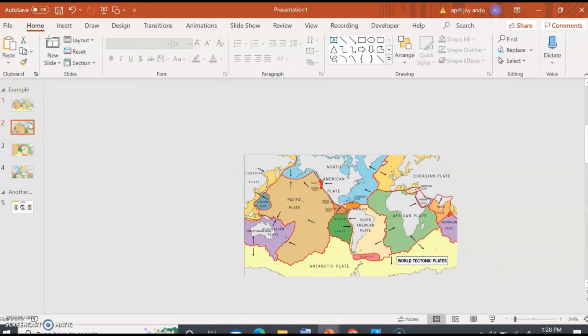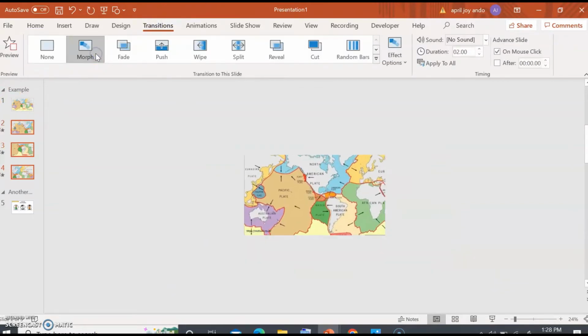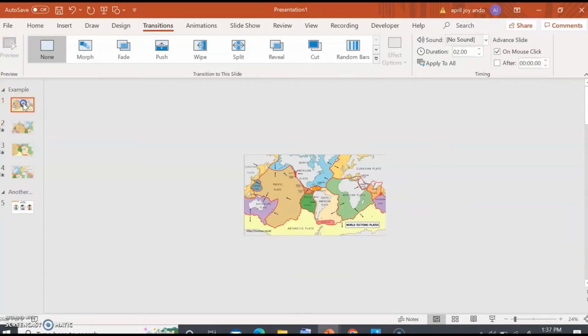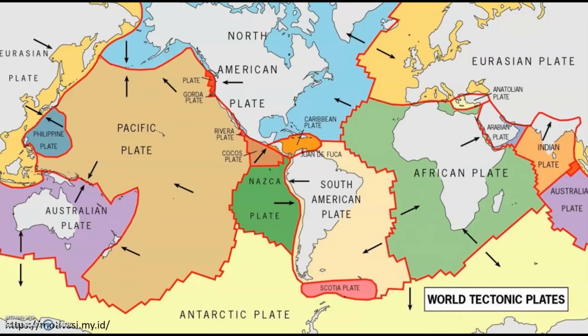And then for the second, third, and fourth slide, we'll go to transitions and click on morph. Then we will reduce the time to say 1. Let's now go to the first slide and let's see the outcome of our work. Let's click on slideshow.